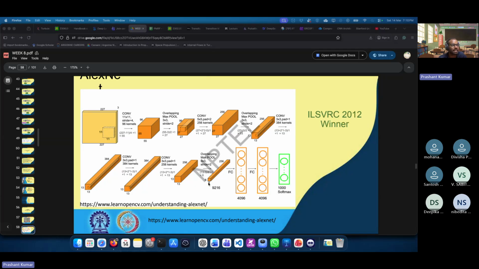In this case, they are not doing the convolution here. They are flattening it and getting the overall 9216 elements, and this is directly fed into this feed forward layer.